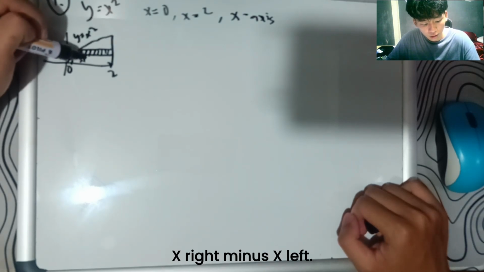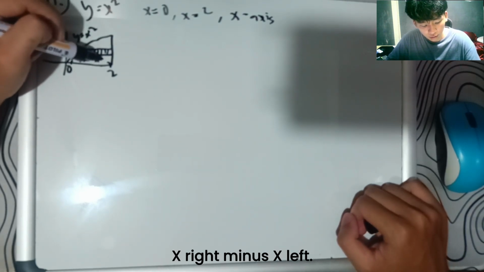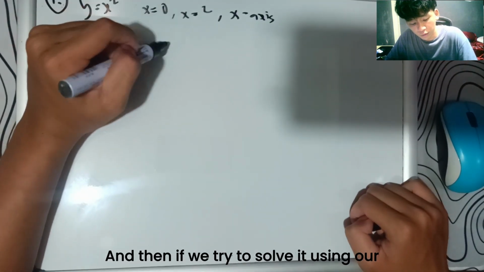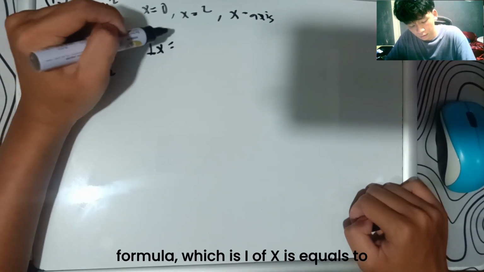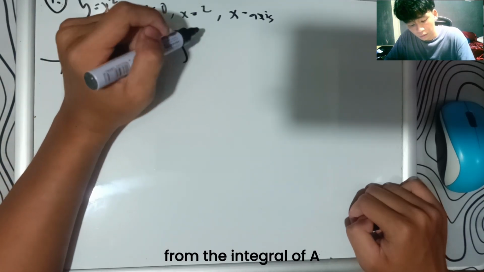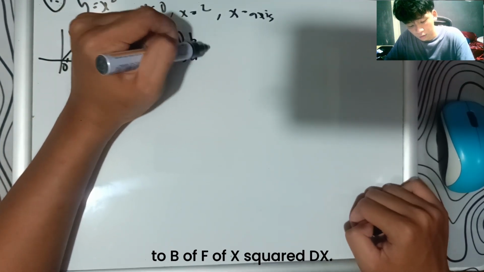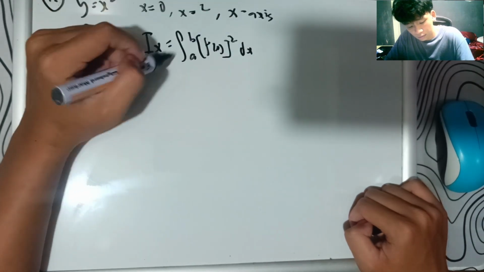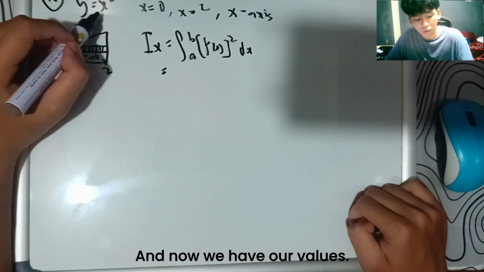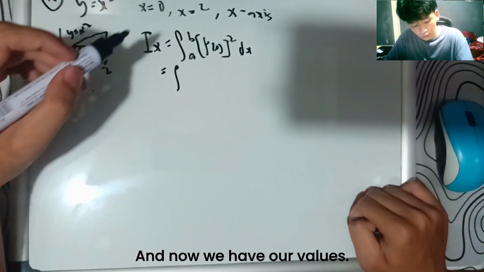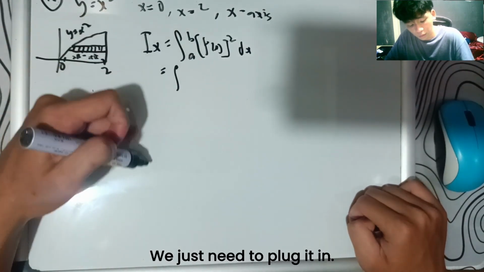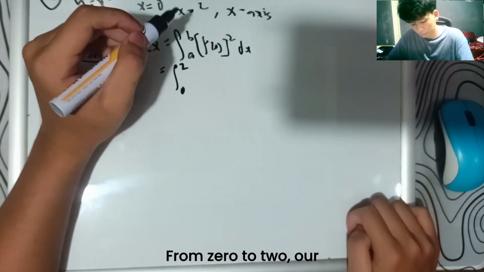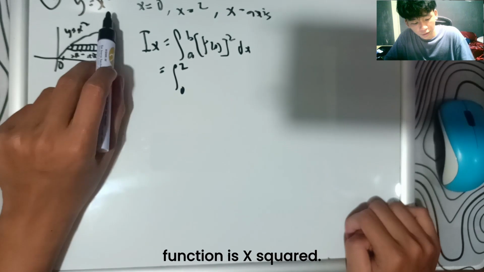So this is x right minus x left, and then if we try to solve it using our formula, which is I of x is equal to the integral from a to b of f of x squared dx, and now we have our values. We just need to plug it in. So it's going to be 0 to 2. From 0 to 2, our function is x squared.